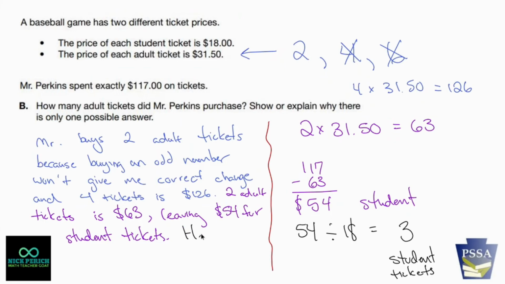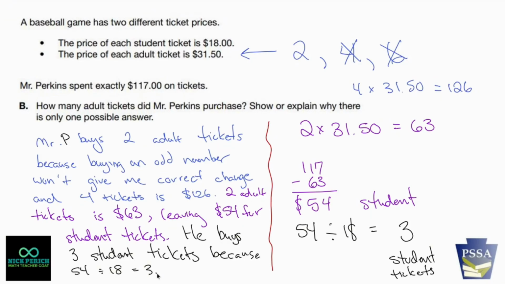Mr. Perkins buys 3 student tickets because the leftover, which was 54, divided by 18 equals 3.